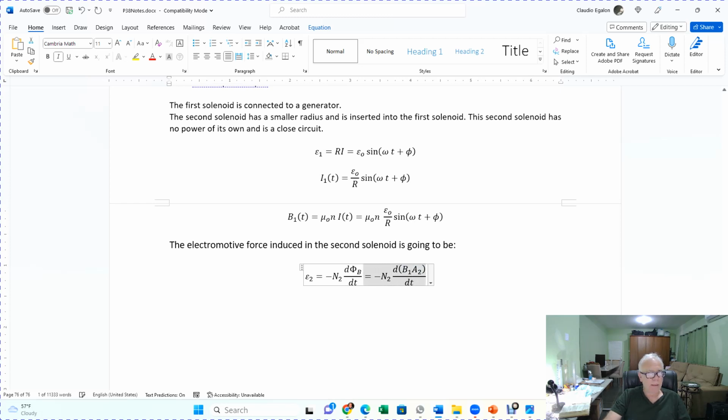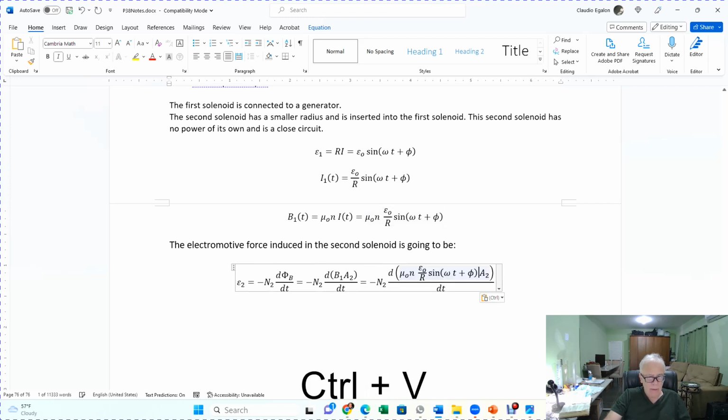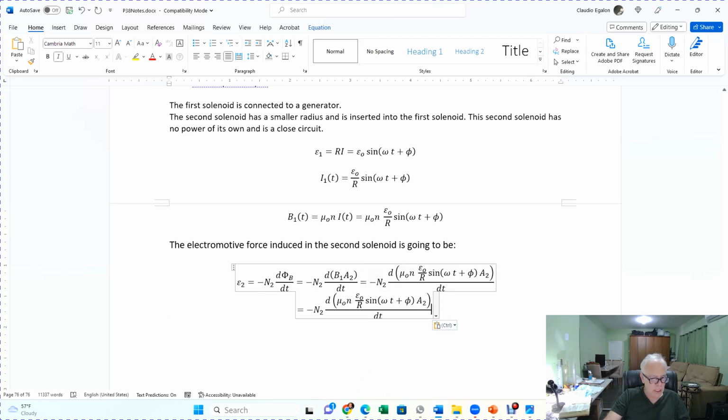I don't even have to write the integral here because the magnetic field is uniformly distributed. Okay, and now let's write down my B1 here inside. And I will keep A2 like that. Assume that we know the value of A2. The area of the second solenoid is constant, it's not changing at all.